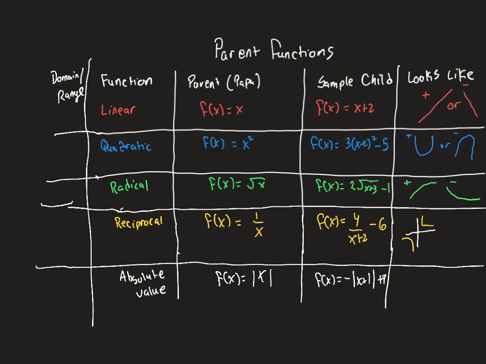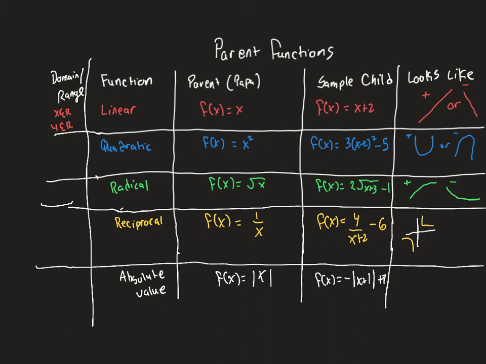Now, when you talk about domain and range, basically, for domain, is there anything x can't be? And for range, is there anything y can't be? We're going back to our domain and range video from earlier. Well, for a linear line, x and y can be everything you want. So for domain and range, x is an element of the real, and y is an element of the real, because they can be everything.